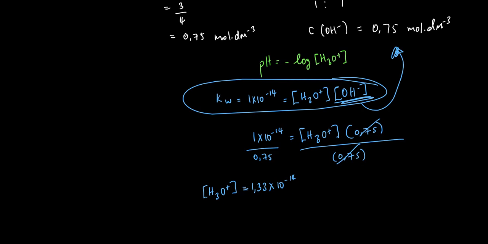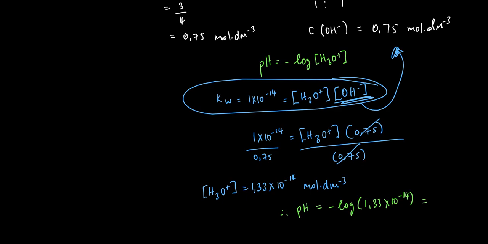Now that we have it, we can simply go back to our original formula. So we then say therefore pH will be negative log, then you substitute 1,33 times 10 to the power negative 14. Guys, if we did things correctly, where must the pH lie? It must lie between 7 and 14 because this thing is a base that we're talking about.